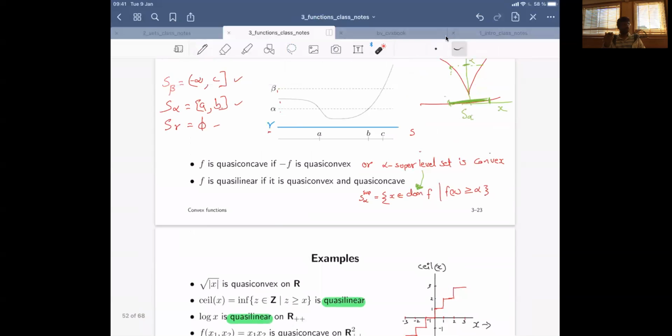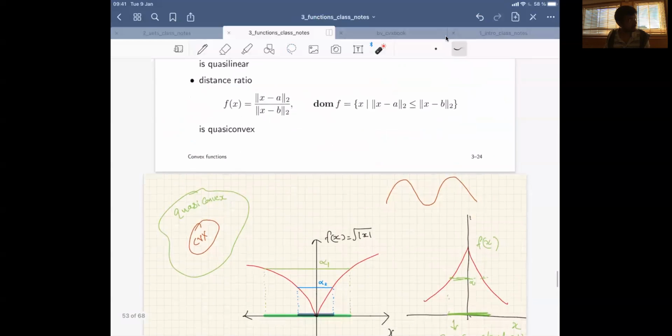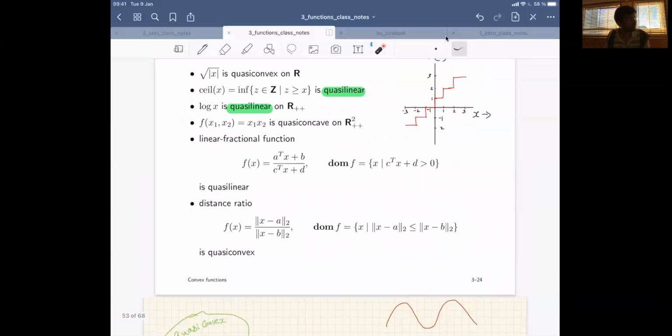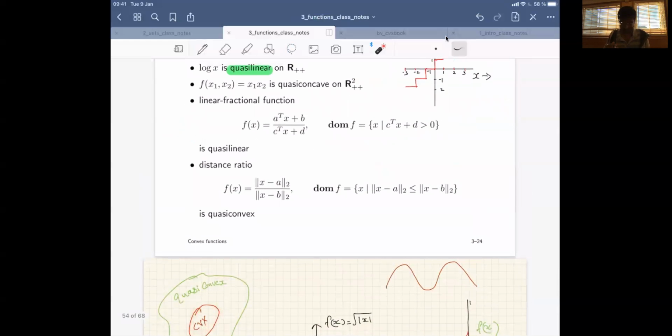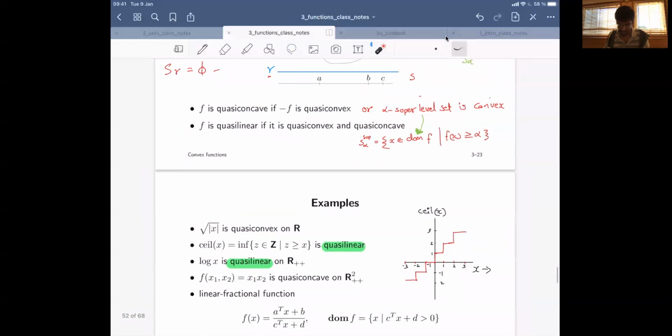One simple example will be a linear function, which will be both quasi-convex and quasi-concave, and convex. Maybe that is not a good example, but it falls into this category.